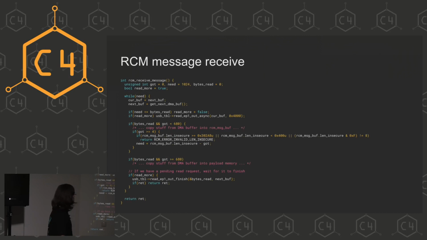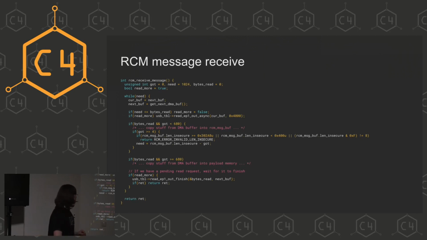So then it checks some fields in there if the total amount of data it needs to receive is not too long. And if that's not the case, it knows how much it in total needs to receive. And then it goes into this if it received more than 680 bytes at this point, we received the header already, that big struct, and parts of the payload already.